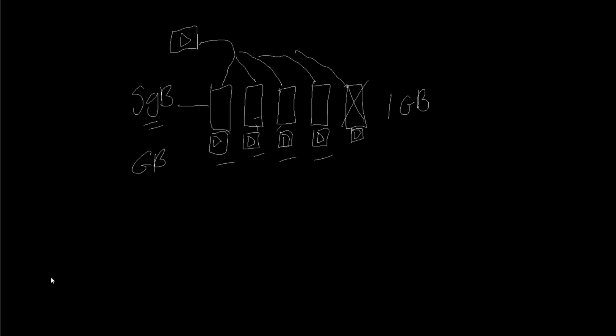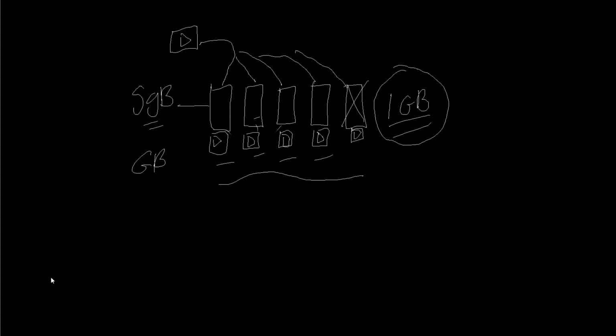The maximum you can store is just 1 gigabyte. If you try and upload a 5 gigabyte file, it cannot be shared across all of these. So you cannot put them across every single one because you're limited to what your smallest hard drive is.